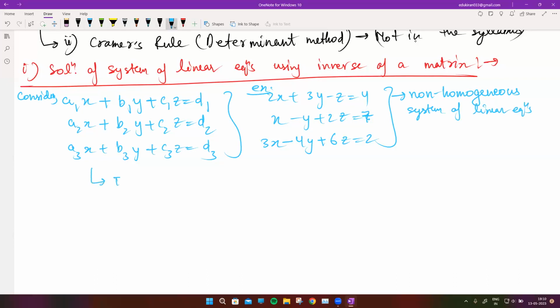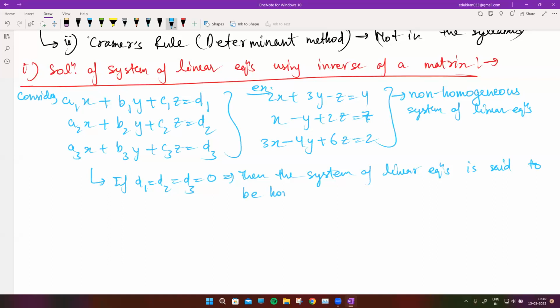And if d1 is equal to d2 is equal to d3 is equal to 0, then the given system is said to be homogeneous. A given system of linear equations is said to be homogeneous if all the constant parts are 0, right?